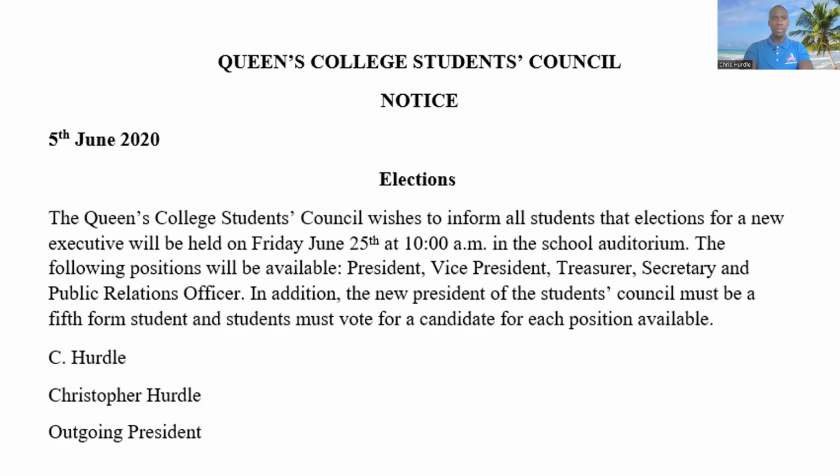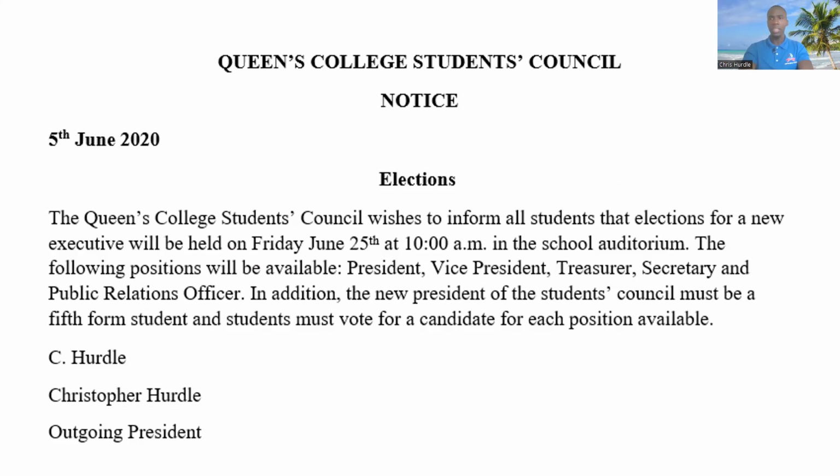All right. In addition, the new president of the Students' Council must be a fifth form student, and students must vote for a candidate for each position available. Right, so that's information that they included at the end, where they said that a fifth form student must be the new president, and students must vote for a candidate for each position available.